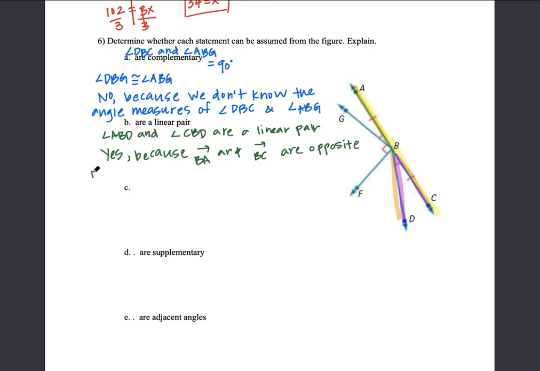This is just based off of the definition of linear pair. Are opposite rays, and angle ABD and angle CBD are adjacent angles.